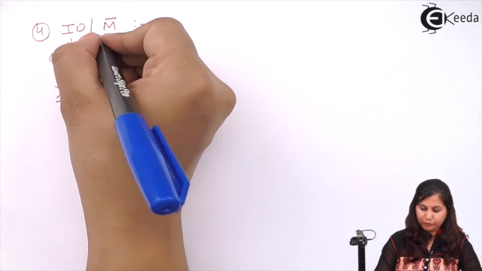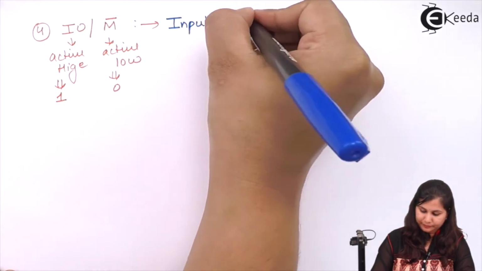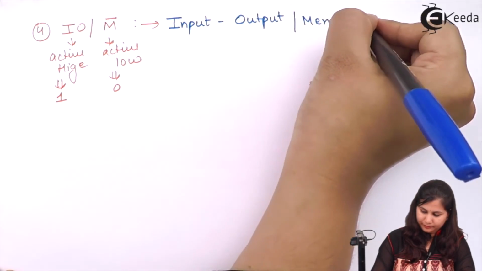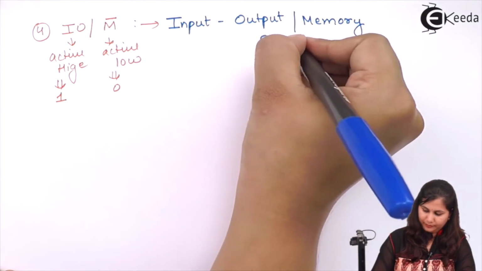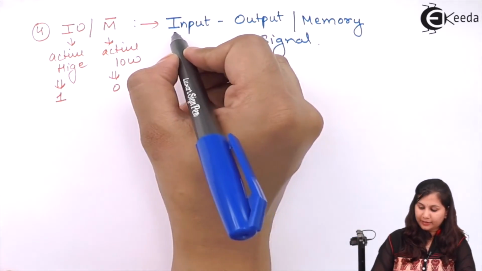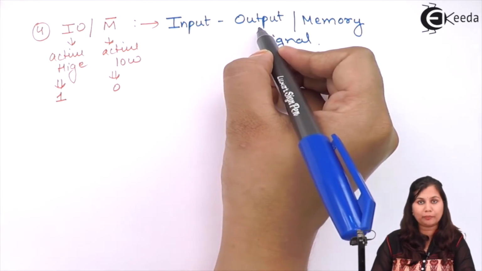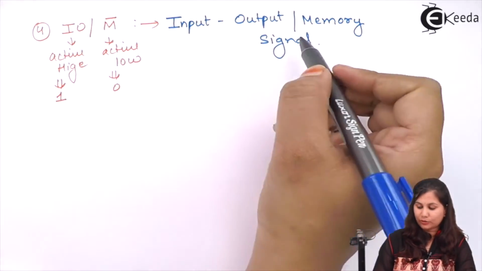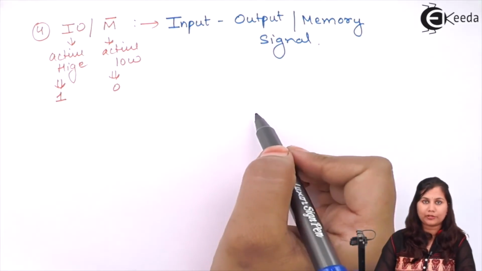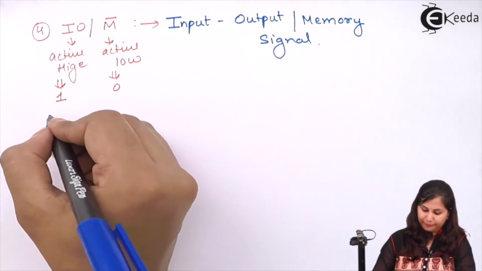So this is the input output and the memory operation. When the value of this signal is 1, it means that the operation being performed by the microprocessor is an input output operation, and when its value is 0, it means the operation performed by the microprocessor is a memory operation. It is involving the memory, so this will be a memory operation.